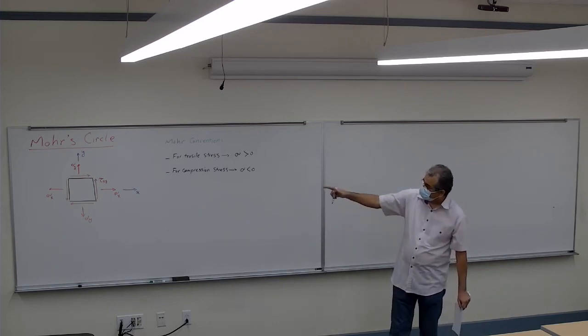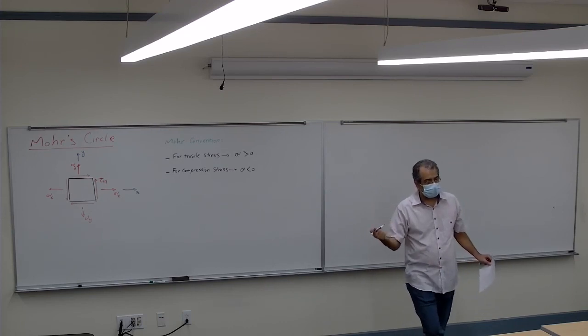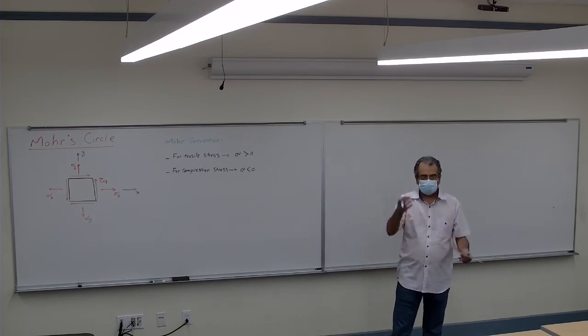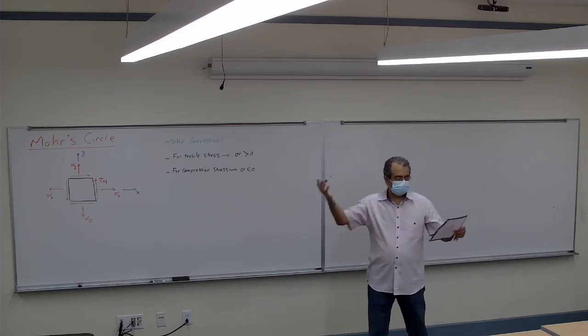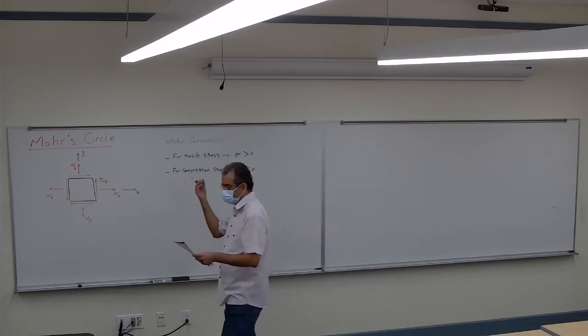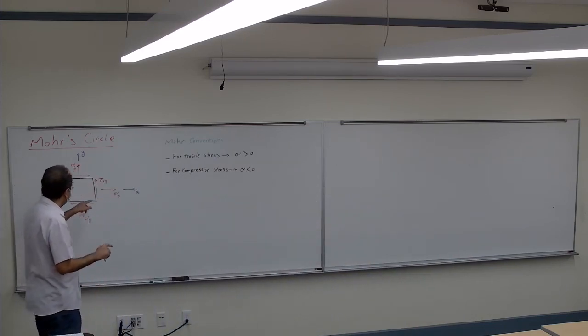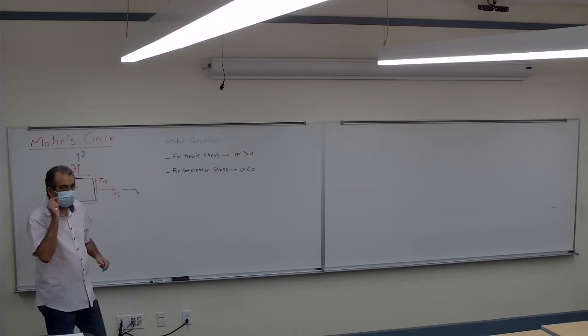What about tau? How am I going to consider tau positive or negative? This is the convention. It's not anything you derive; they just come with that. If the tau on the face rotates that element clockwise, it's considered positive.